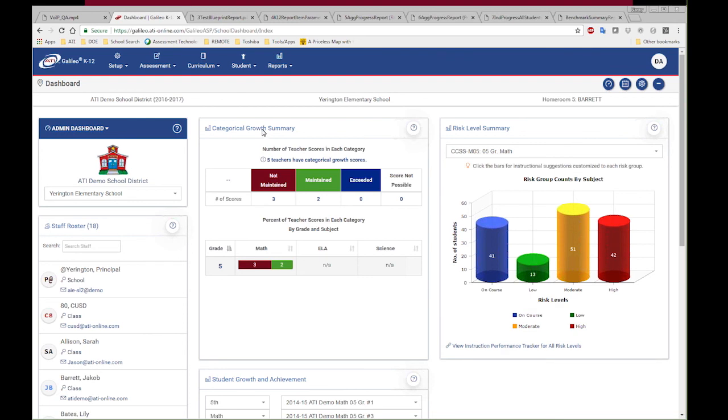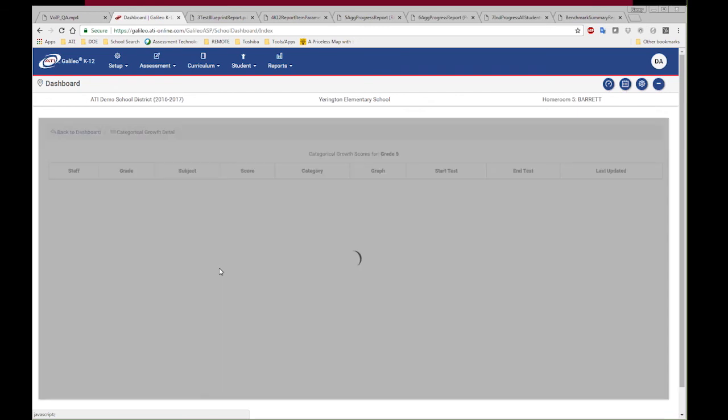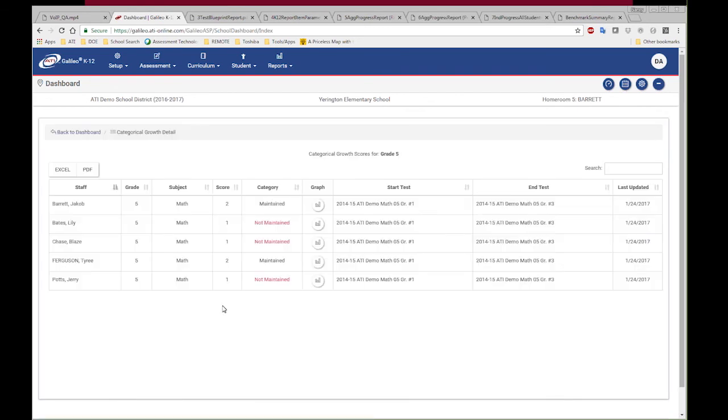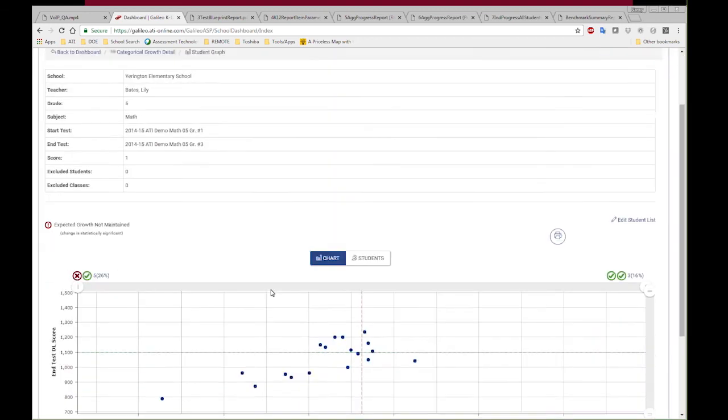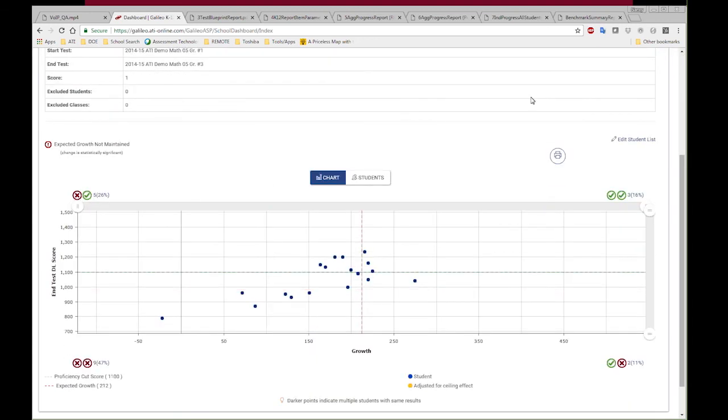I only have 5th grade math data in here, so we're only looking at the 5 math teachers and their performance here. I can click on the number and see what the ratings were for which teachers, and I can look at their individual growth of their students. And that's pretty cool.